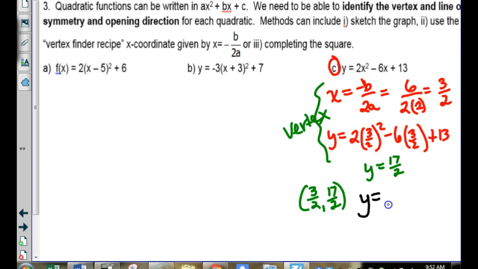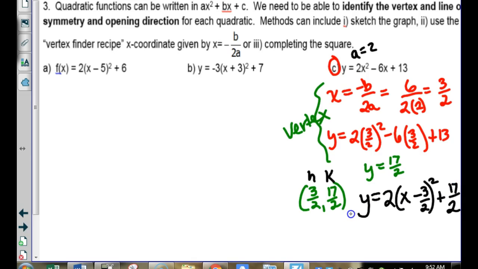The a, which is, and then it's x minus h, which would be, yep, these are h and k, squared plus k, which is, good job.